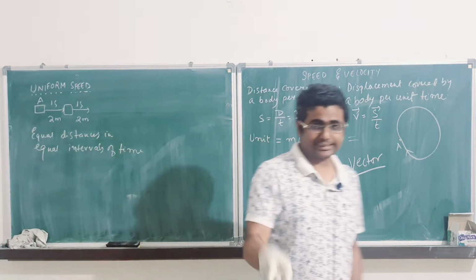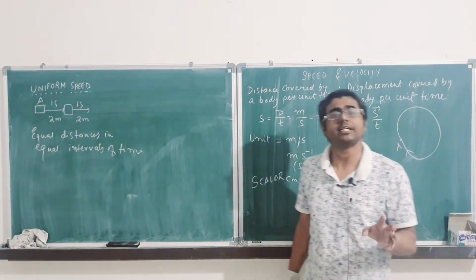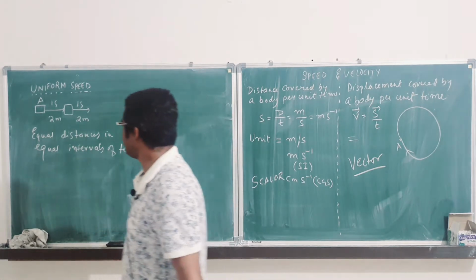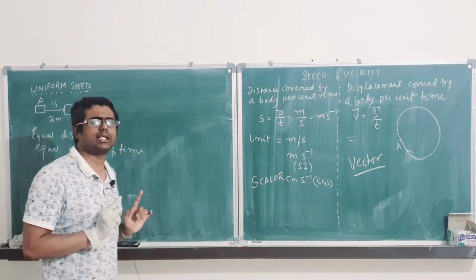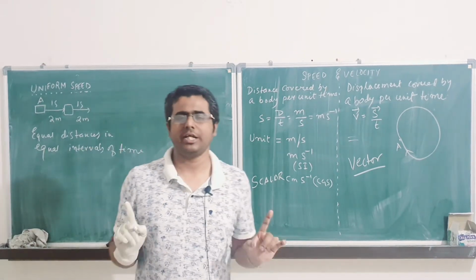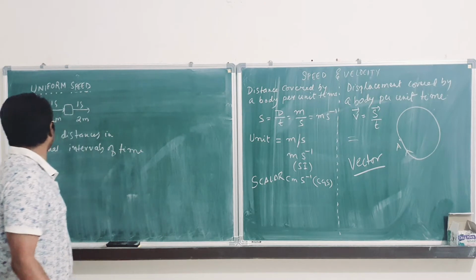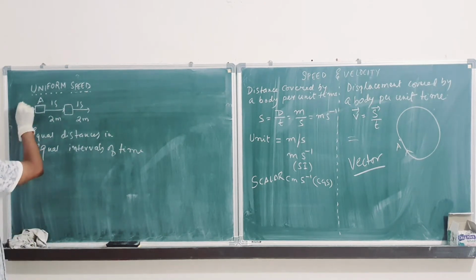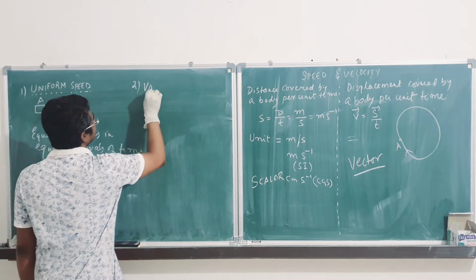Equal distances in equal intervals of time will be called uniform speed. It is like you are driving a car continuously at 40 km per hour, it will be called uniform speed. Okay, now this is uniform speed. Next we will do variable speed.